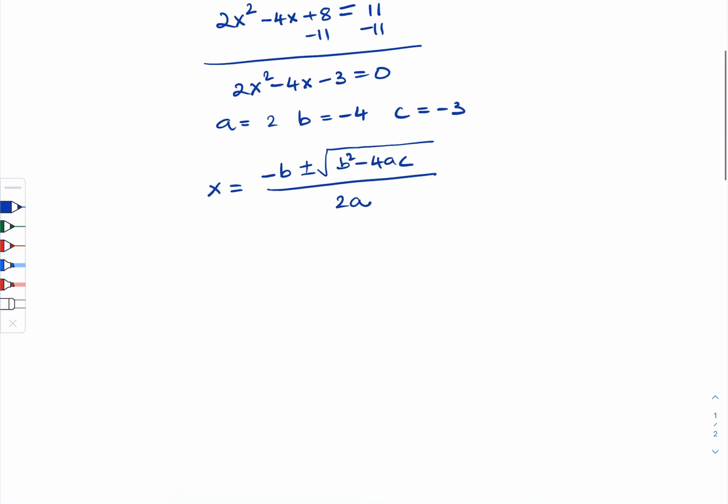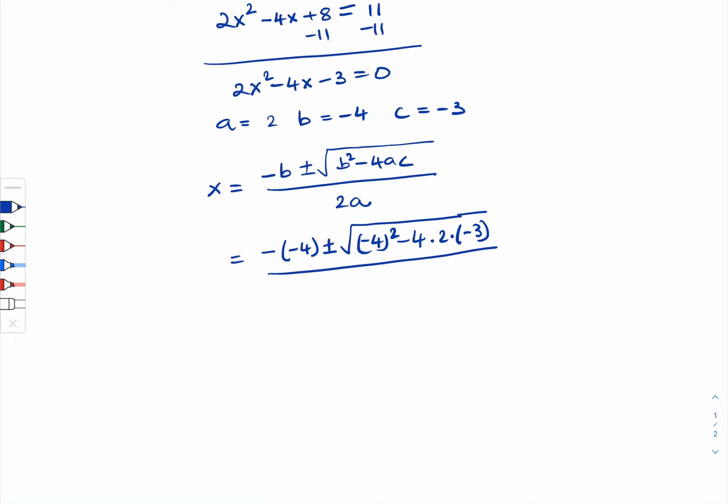Okay, so let's go ahead and simplify. So minus of -4 plus minus square root of b squared, which is -4 squared, minus 4 times 2 times -3, right? And the whole thing sits over 2 times 2.